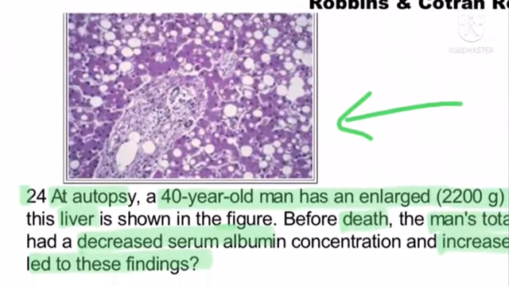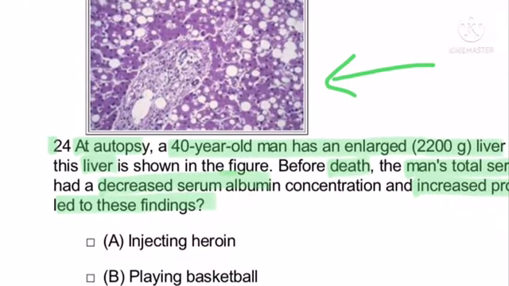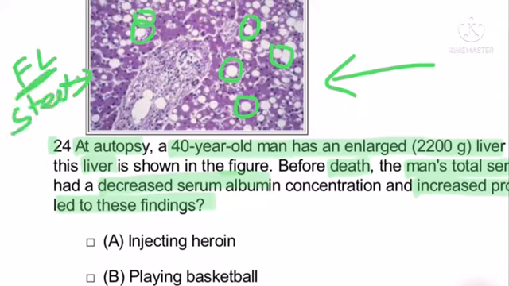Okay, if you see this image and I zoom in, you can find these white structures. These are the fat lobules accumulated in the liver. So this is an example of fatty liver, also called steatosis.